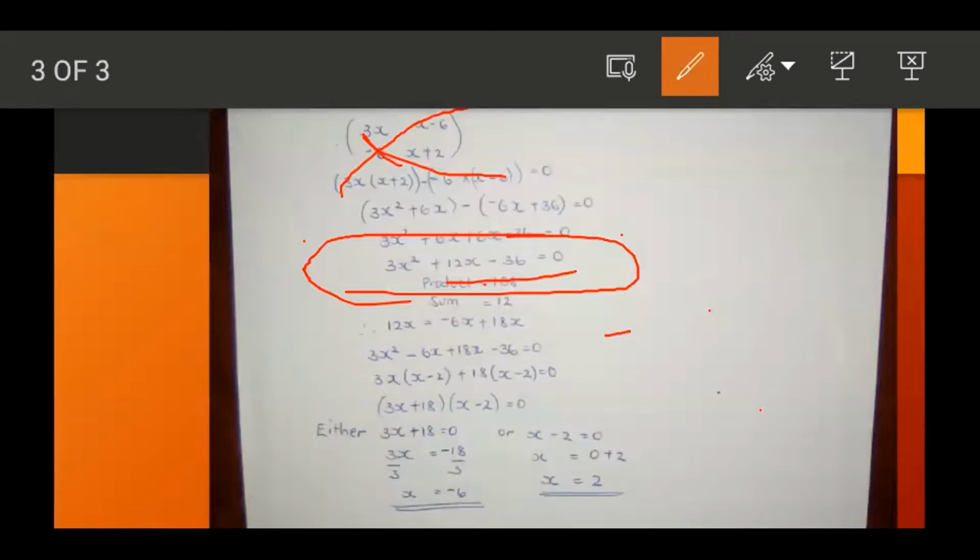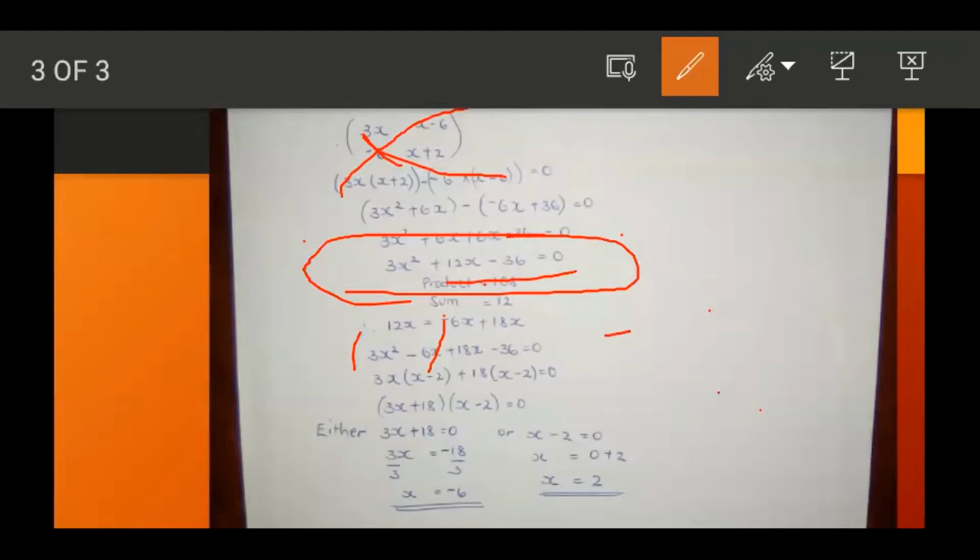So we pair them first, and we are going to look for the common factor. The common factor of the first pair, this one and this one, is 3x. 3x divided both sides: 3x squared divided by 3x, getting x, minus 6x divided by 3x, getting a 2.